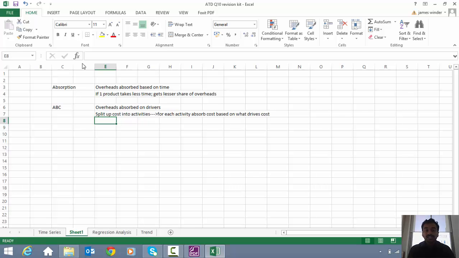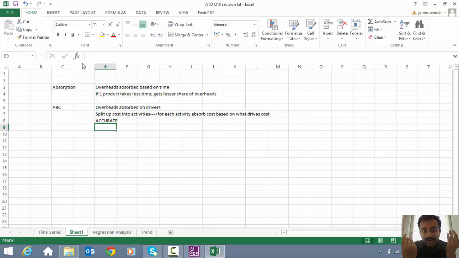So for example, you might say, I need some engineering setups done, I have an activity of delivery, I have an activity of procurement, and for each of these you say what drives the cost up. Say for procurement, the number of purchase orders maybe. For engineering, the number of setups maybe. And you break up the total overheads into several cost pools, and you absorb cost based on what drives cost, which then obviously means you have a more accurate estimate of cost.